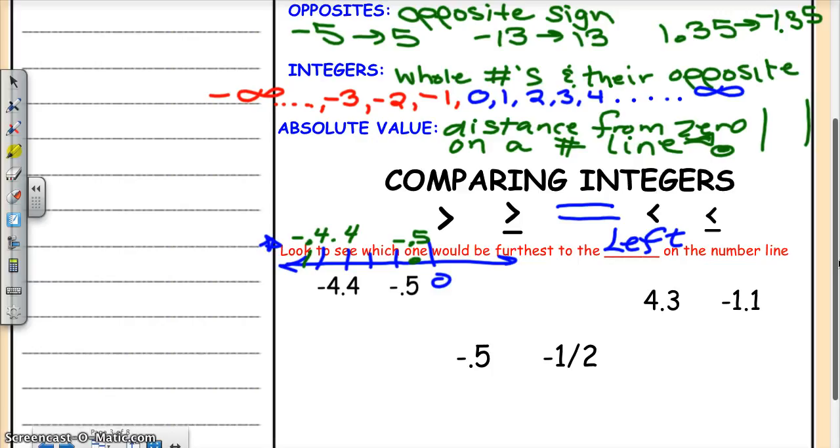So it looks like -4.4 is furthest to the left, so it is smaller. The next one, it's kind of easier. I have a point here, by the way, and I shouldn't. This should be -4.4.